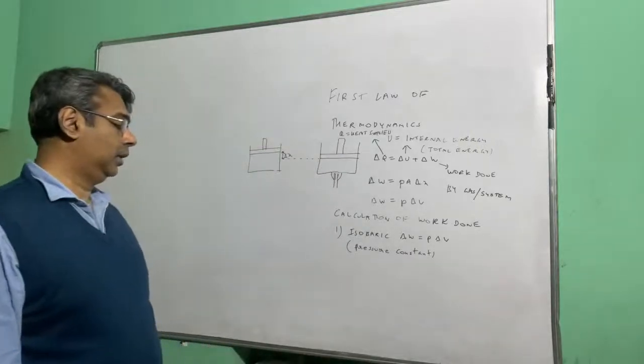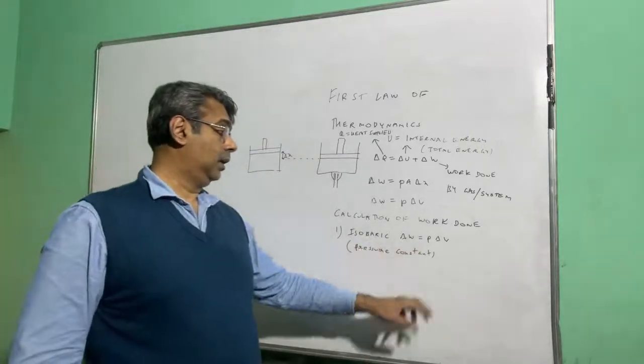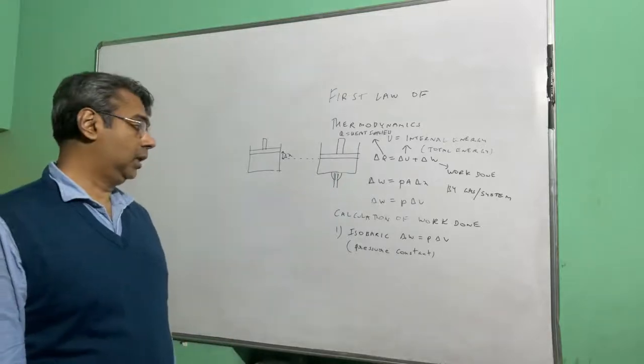So if it is isobaric, then delta W is P into delta V.